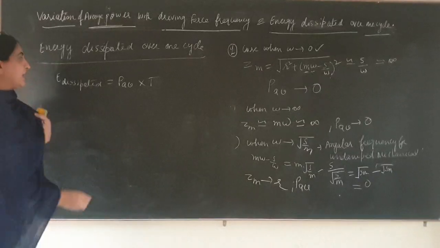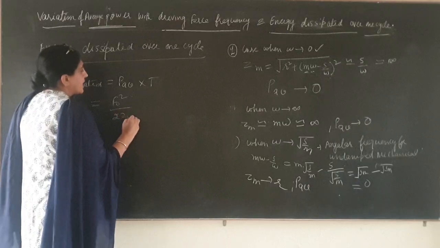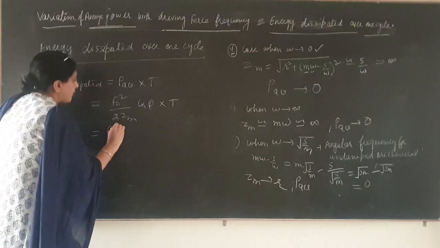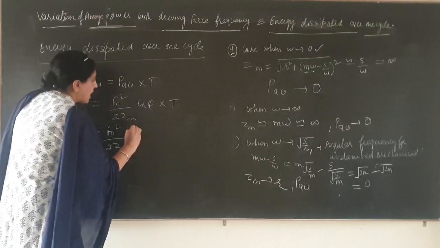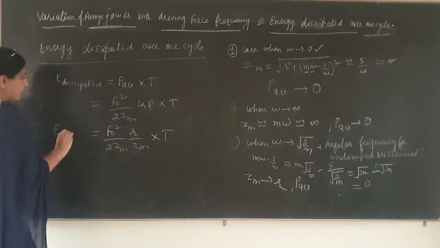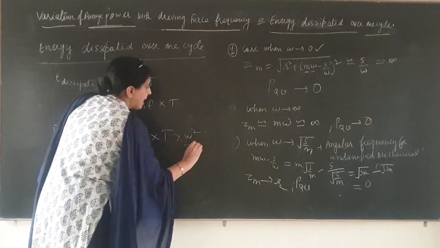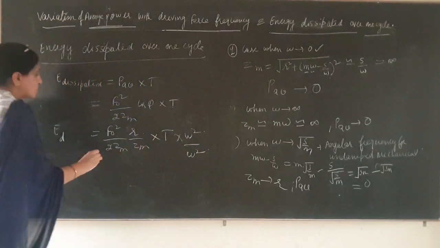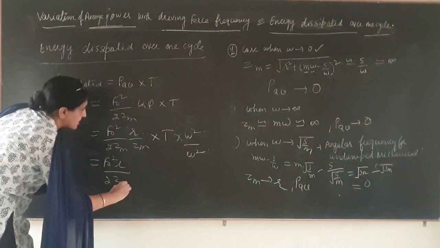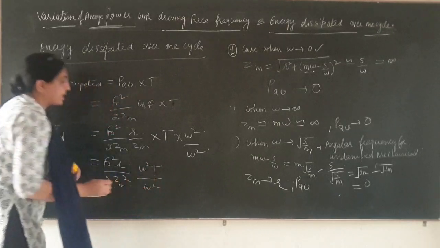Average power into T, and the average power we found is F0 square upon 2 Zm cos phi, into T. That is equal to F0 square over 2 Zm, R over Zm, into T. This is the energy dissipated, I write ED. Multiply and divide by omega square. So this is equal to F0 square R over 2 Zm square into omega square T divided by omega square.